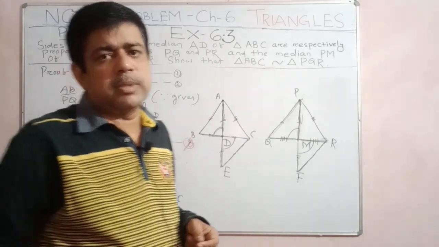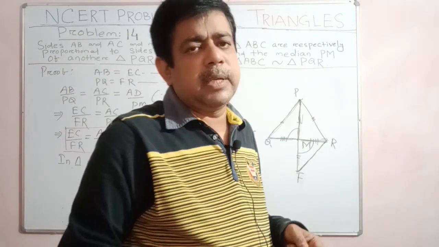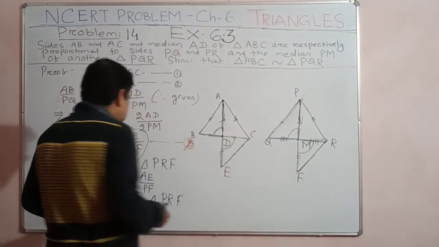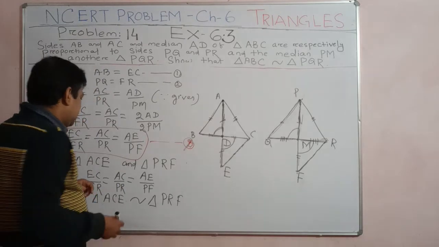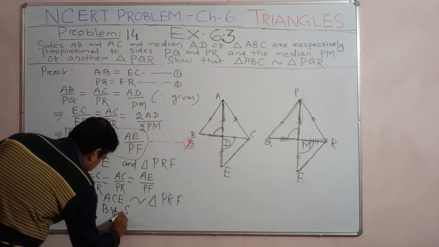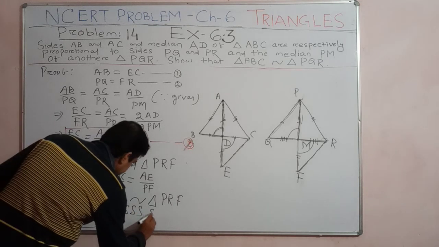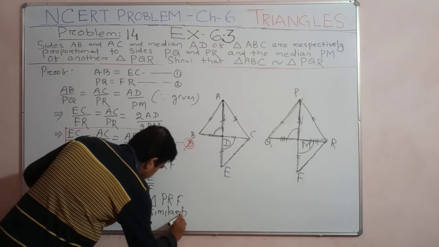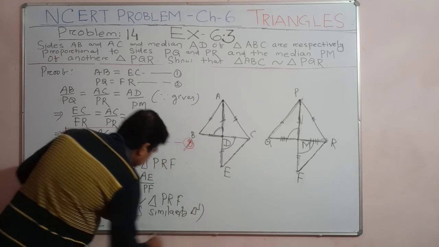It is in accordance with the side similarity criterion of triangles, which all of you know. So triangle ACE is similar to triangle PRF by SSS similarity of the triangles. Is it clear?